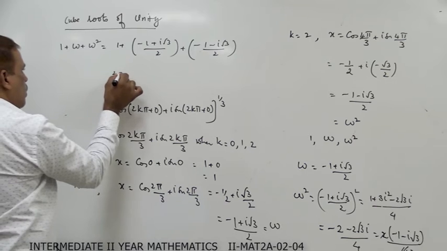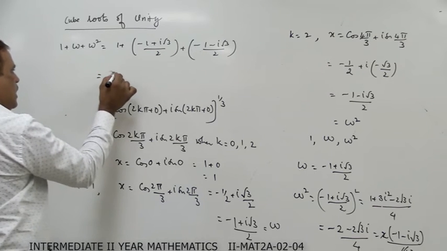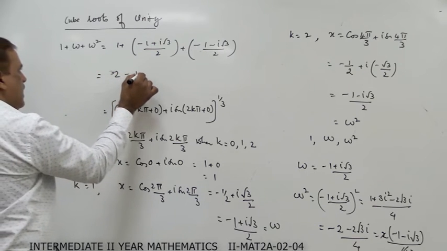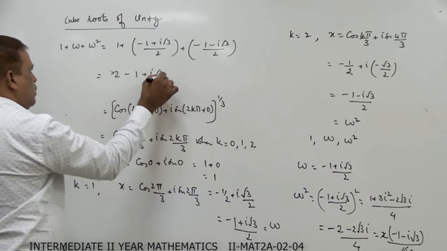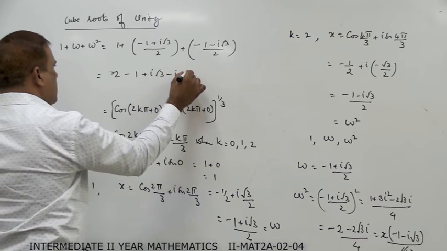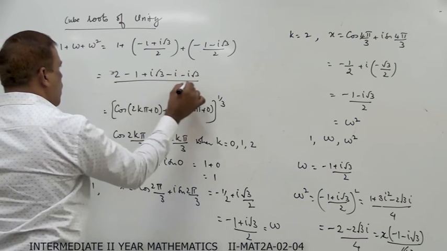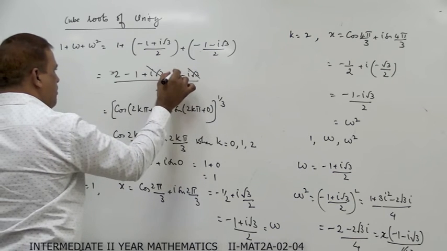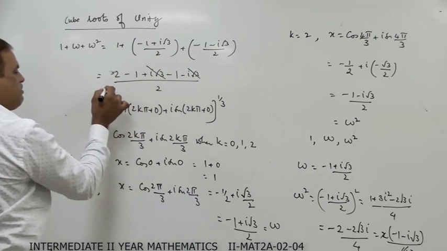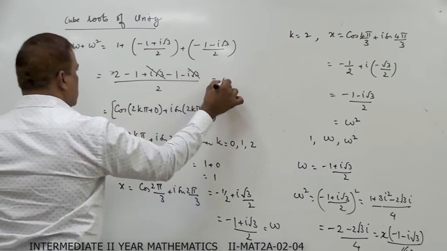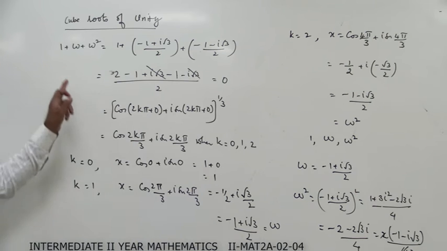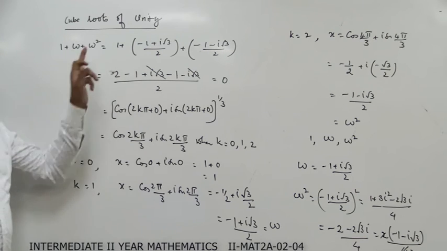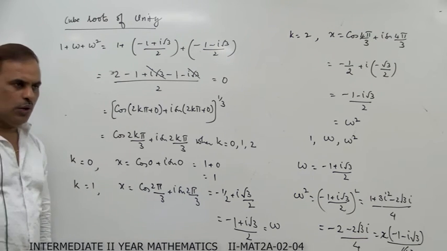Taking 2 as LCM, 2 minus 1 plus i root 3 minus 1 minus i root 3 whole divided by 2. Plus i root 3 minus i root 3 get cancelled. This is minus 1, minus 1 minus 1 is minus 2, plus 2 gets cancelled. So 1 plus omega plus omega square is equal to 0.